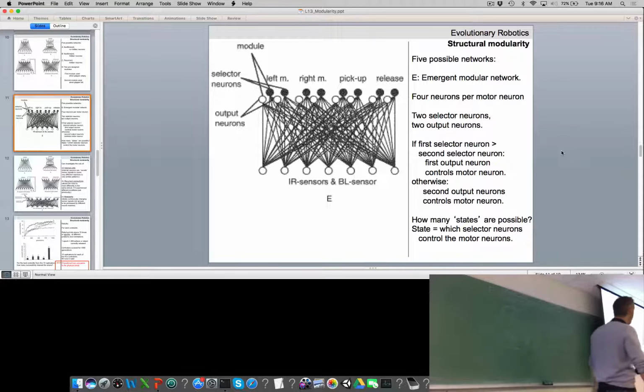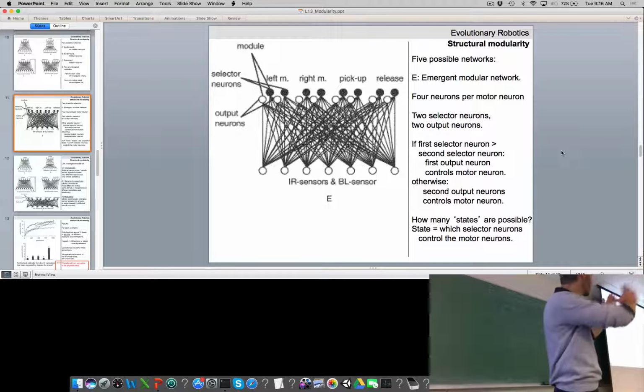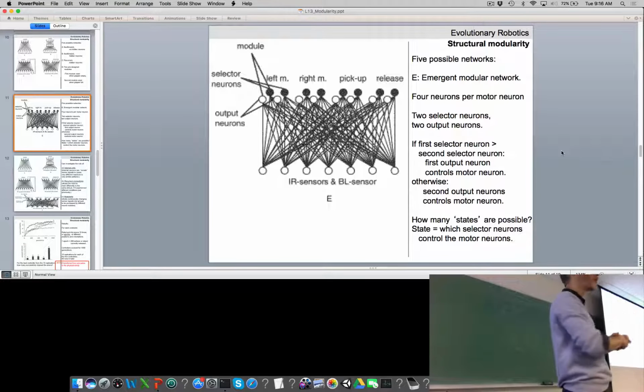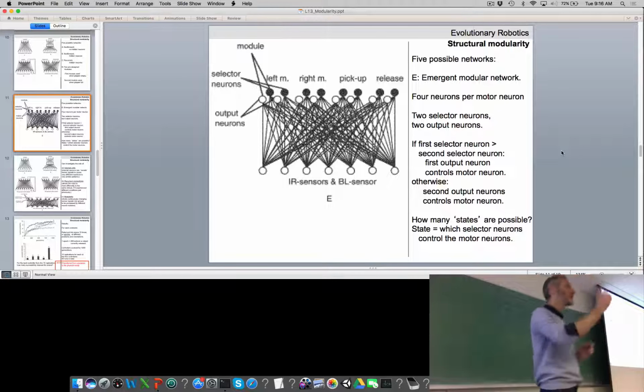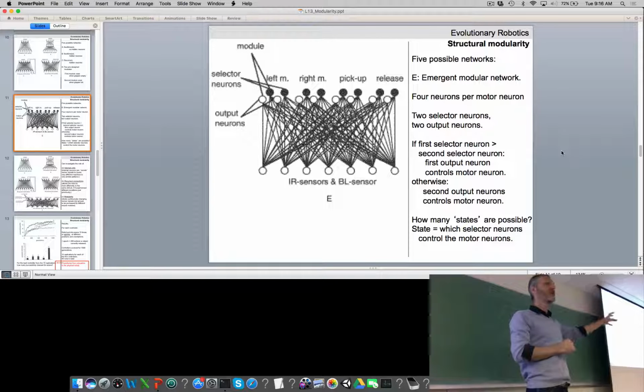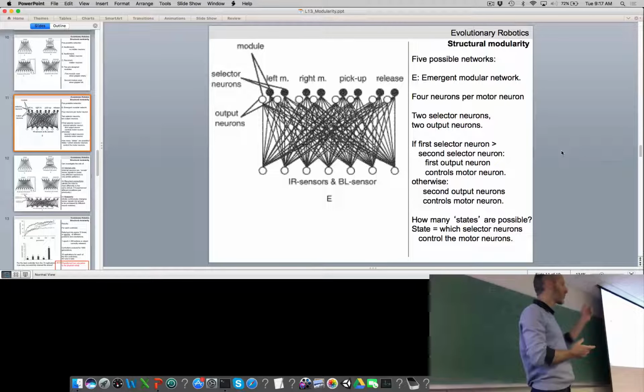If we saw that in the synaptic weights, or we saw that switching between the left and right output neuron for the left wheel, then we would know that the robot is doing something different with its left wheel when it's holding or not holding a cube. As you can probably imagine from all this build-up, it's not as simple as that, right? It would be nice, but again, evolution does not always see the problem the same way we do.